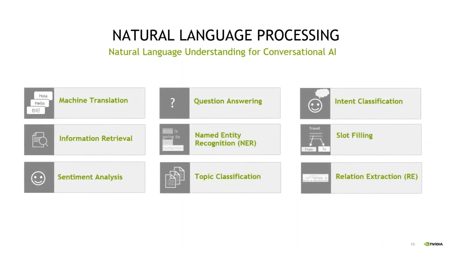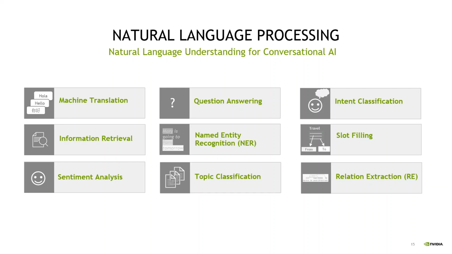Let's now deep dive into natural language processing. NLP is the task of processing human-level language to extract structured semantic outputs. This is a very hard problem, as natural language is usually unstructured, constantly evolving, and full of ambiguity.